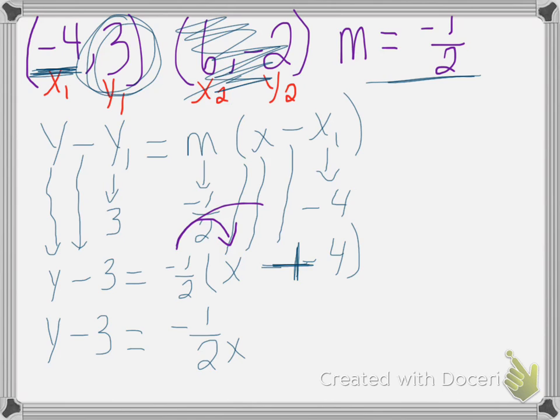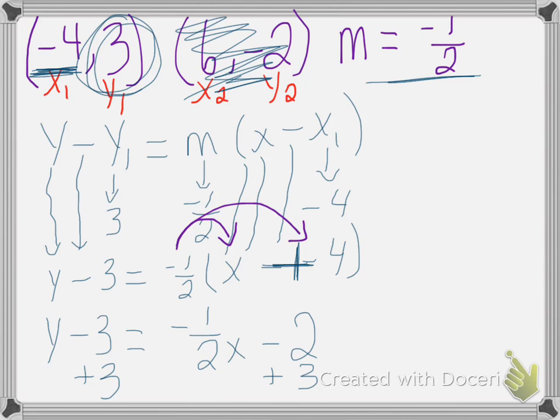Now, -1/2 times a positive 4. Half of 4 is 2, but it has to be negative because there's a minus sign. Minus 2. Almost done. We need to get rid of this minus 3. We have to add 3. Remember, we added to the number, not the x.